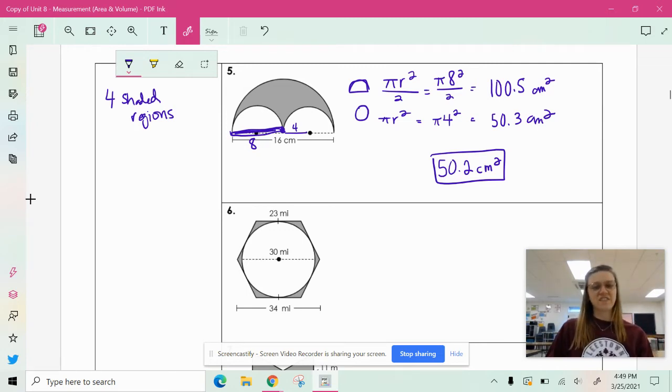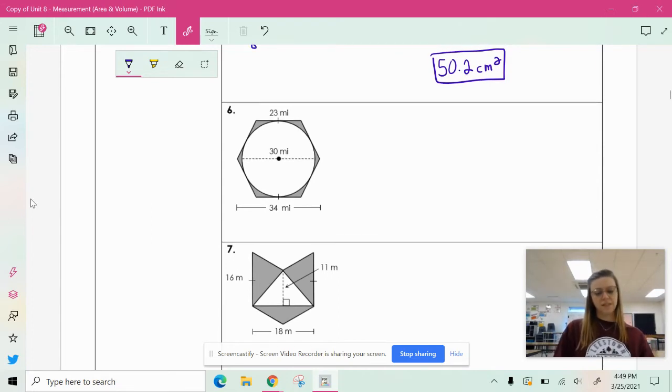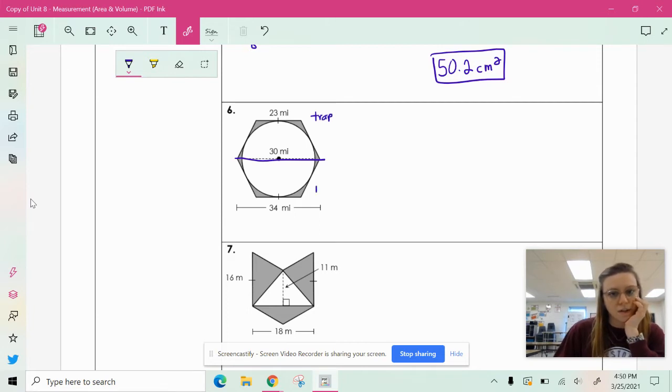Okay, so 50.2. Number 6 you're going to do by yourself. What we see is a hexagon. We're going to cut it in half, and you'll see a trapezoid on the top and a trapezoid on the bottom, and they match.